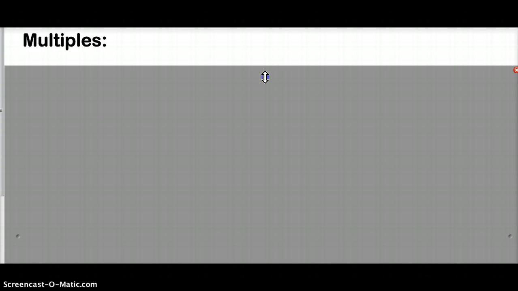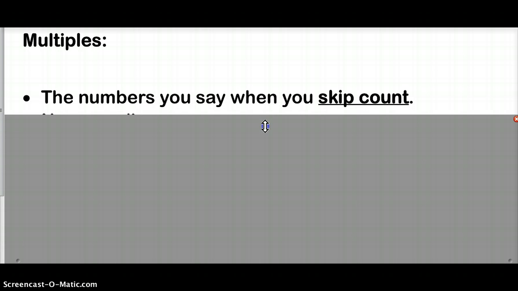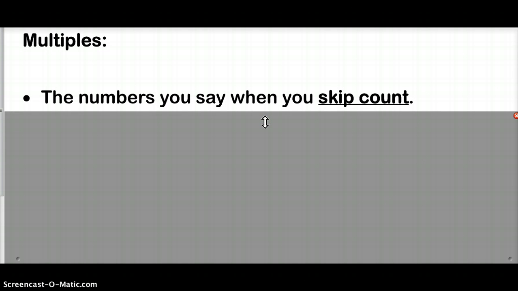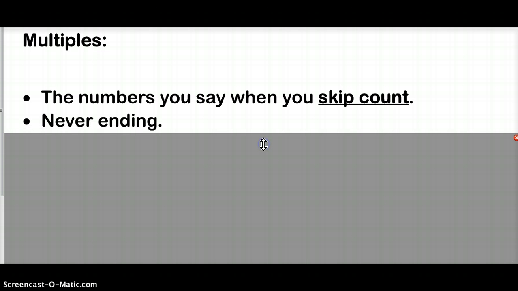Some attributes of multiples are that they are just the numbers that you say when you skip count. So for example, the multiples of 5 are 5, 10, 15, 20, 25, and so on. That leads me to my next point, that multiples are never ending. I can continue to list the multiples of a number forever and ever.